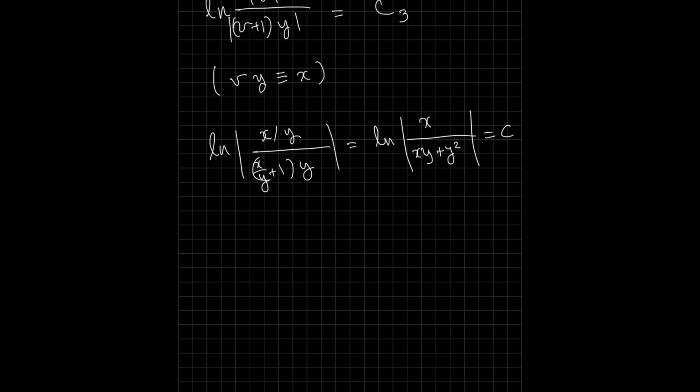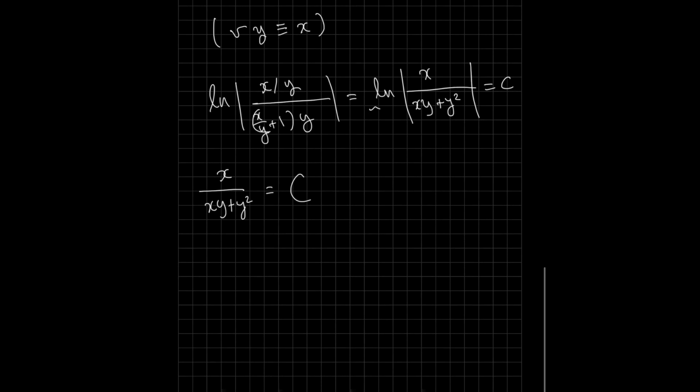You can further do some algebra to remove the logarithm, and let's try to do that. What we'll get is something like x over xy plus y squared equals some constant, again c4, because e to the c3 is just some constant again.